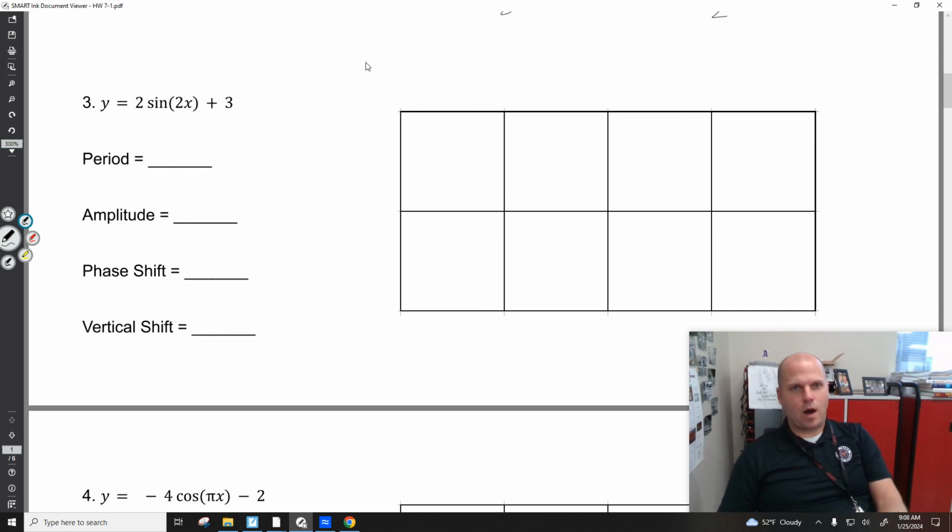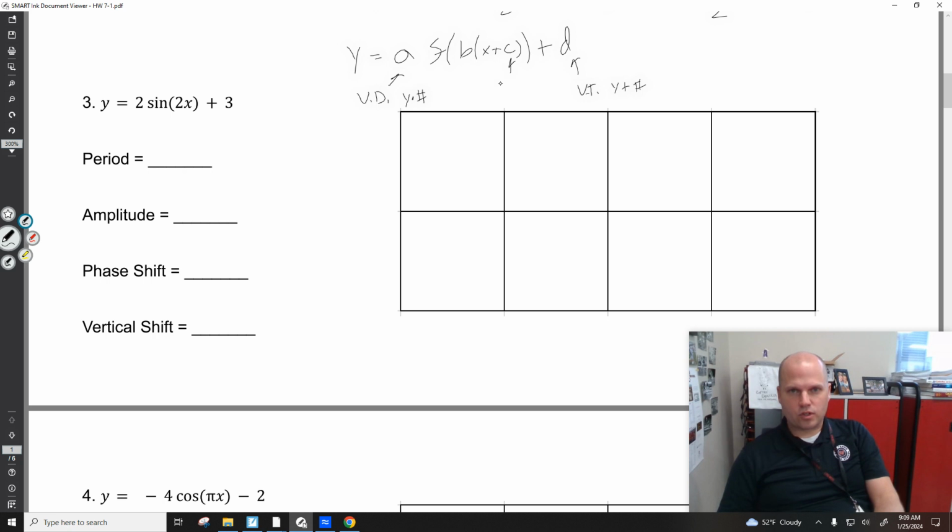Now, let's think about y equals a f of bx plus c, plus d. We know a is going to be a vertical dilation, where you're going to take your y's and multiply them by a. D is going to be a vertical translation, where you'll take your y's and add a certain number.